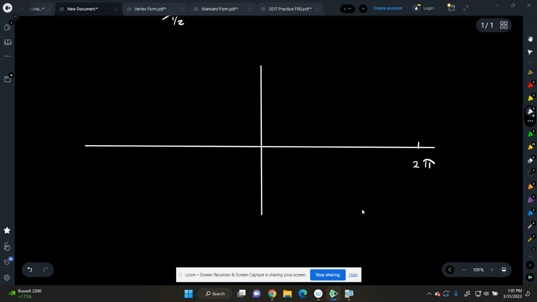Okay, I want you guys to take out, or you can use your notes, but I want you to take out a blank piece of paper so you have room. We're going to graph all 6 trig functions, okay? So first we're going to graph sine. Y equals sine x.